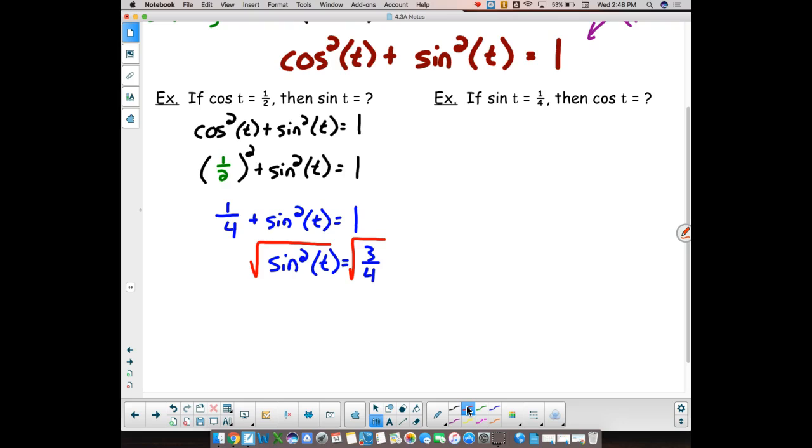Left side, what do we get? Sine of t. And I took a square root, what does that mean? Plus minus. What is the square root of 3/4?